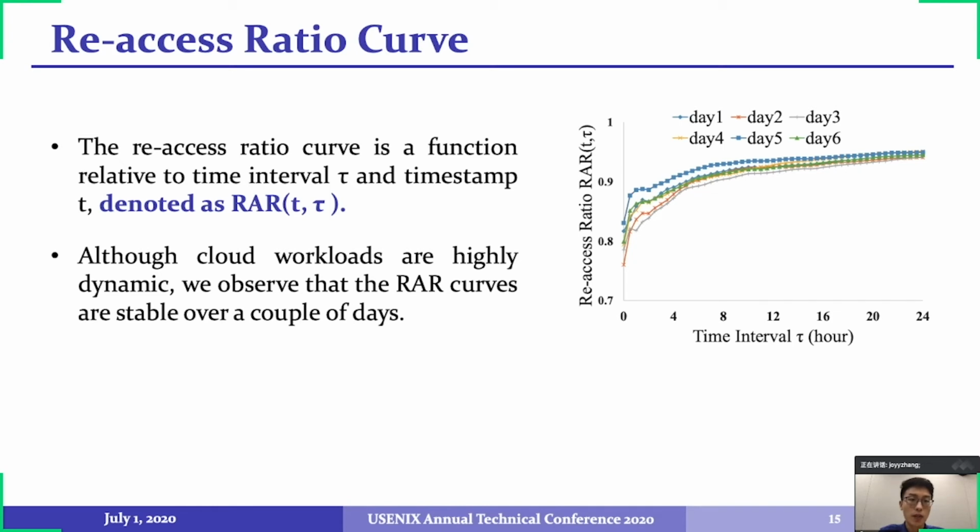Fortunately, we observe that the reaccess ratio curve is relatively insensitive to time t by analyzing a week-long cloud block storage trace. Although cloud workloads are highly dynamic, in our experiment we only calculate the reaccess ratio curve once a day to represent the reaccess ratio curve for the next coming day.